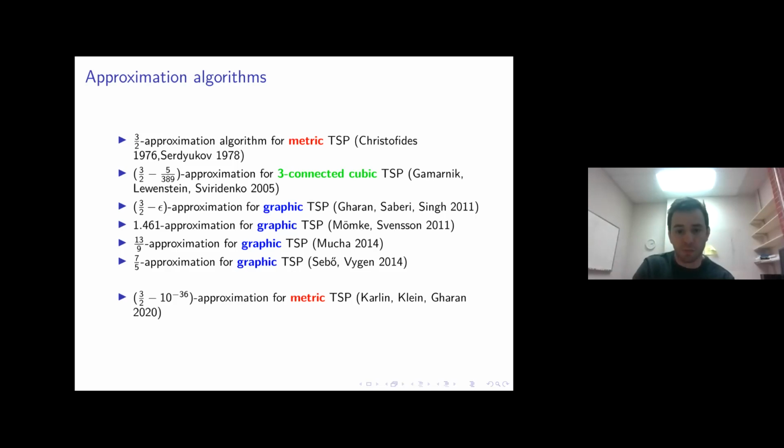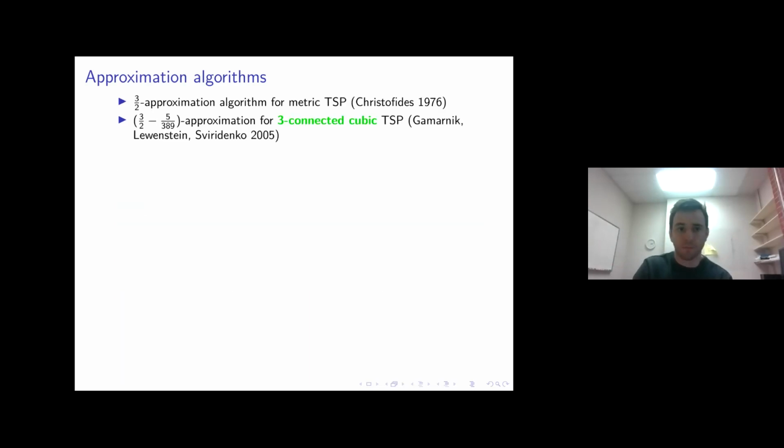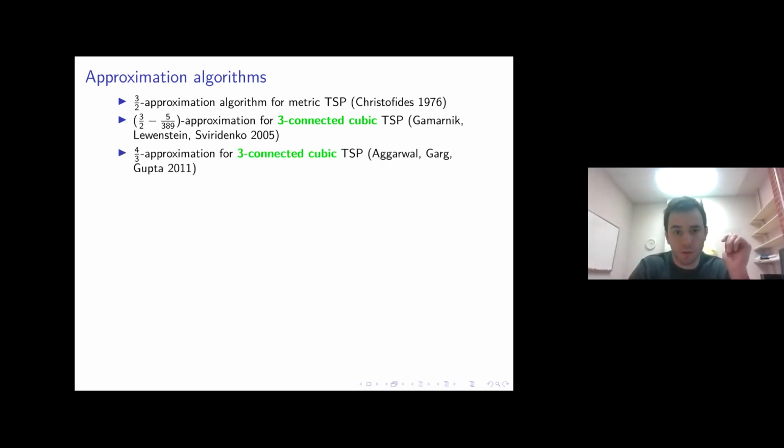This covers graphic TSP. The next slide will talk about subcubic TSP. In 2005, we've already seen that they were able to break through the 3/2 boundary with 3 connected cubic graphs.